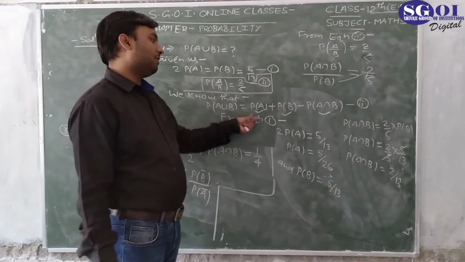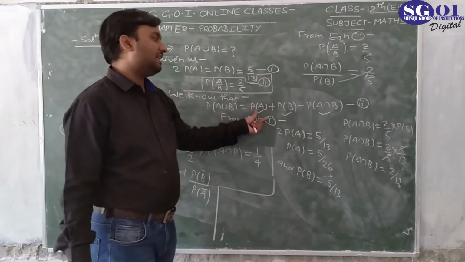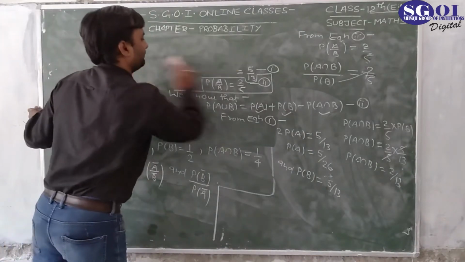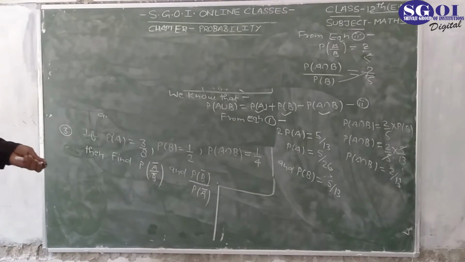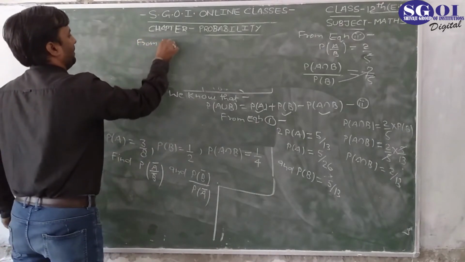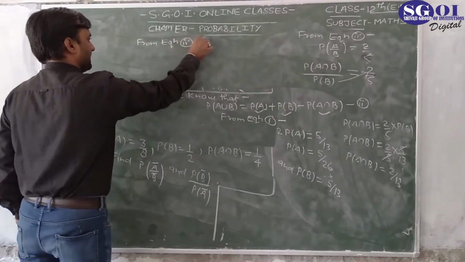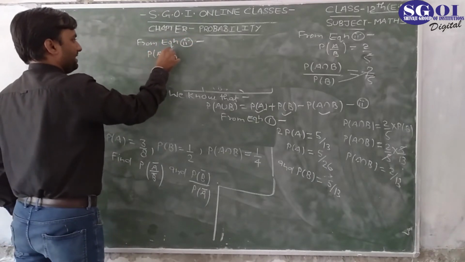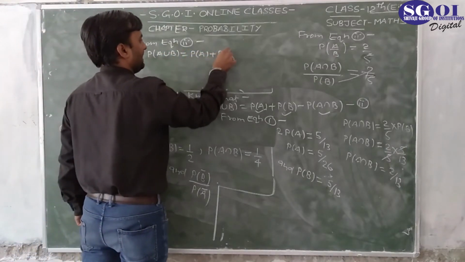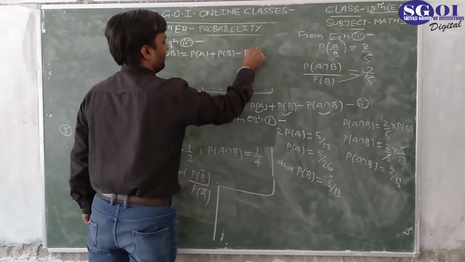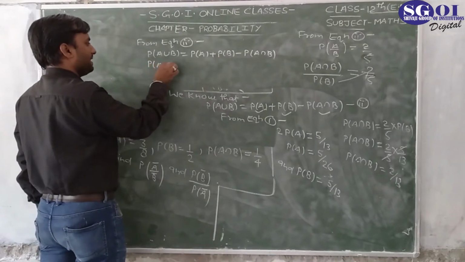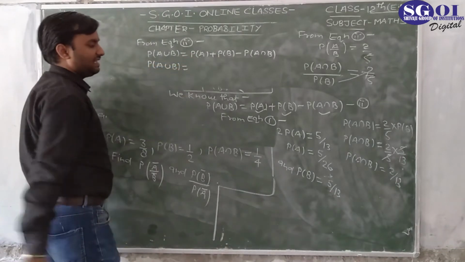So we will put all the values of this probability in equation second. So from equation second, probability of A union B is equal to probability of A plus probability of B minus probability of A intersection B. So probability of A union B is equal to, what is the probability of A?